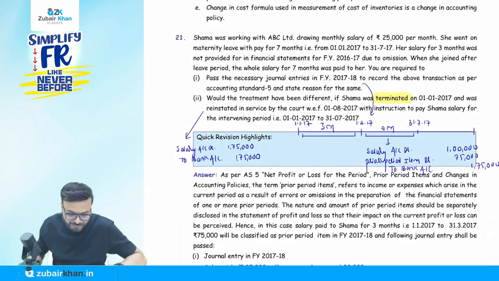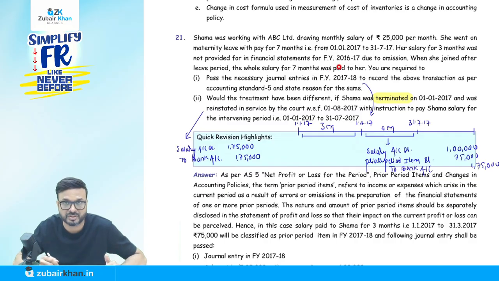Now, the next question. They say, Shama was working with ABC Limited, drawing a monthly salary of rupees 25,000. She went on maternity leave with pay for 7 months, from 1st of January 2017 to 31st of July 2017. Her salary for 3 months was not provided for in the financial statement for 16-17.